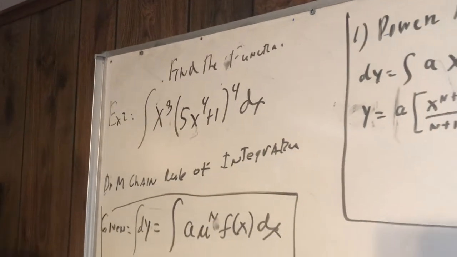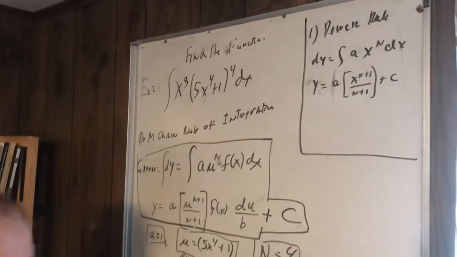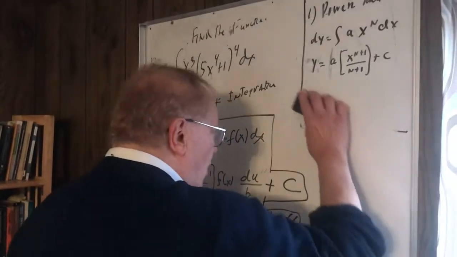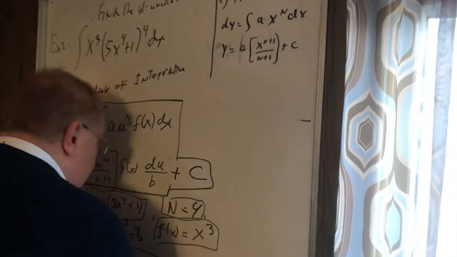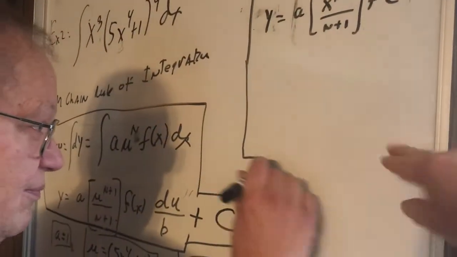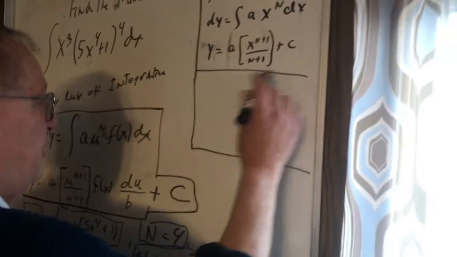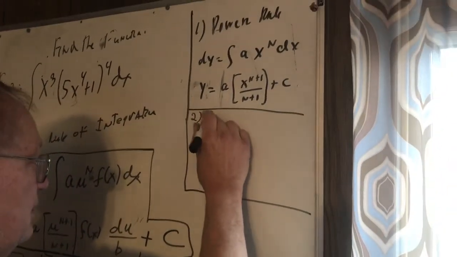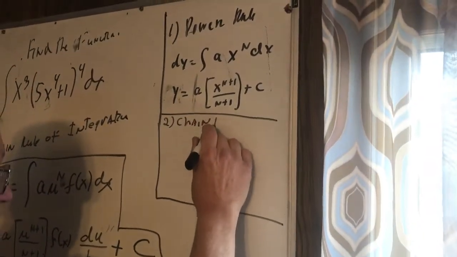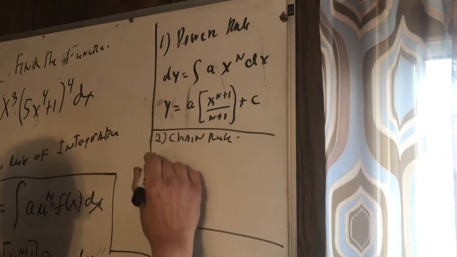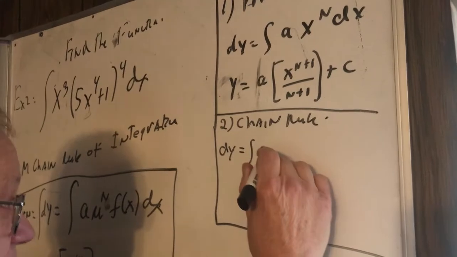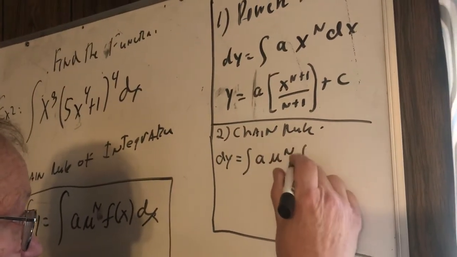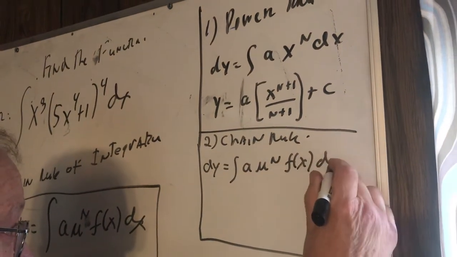Let's do another one, and I'm going to put my rule over here like I do. Stick it right in the corner if I can fit it. So I have my chain rule. So I have y equals the integral of a u to the n f(x) dx.